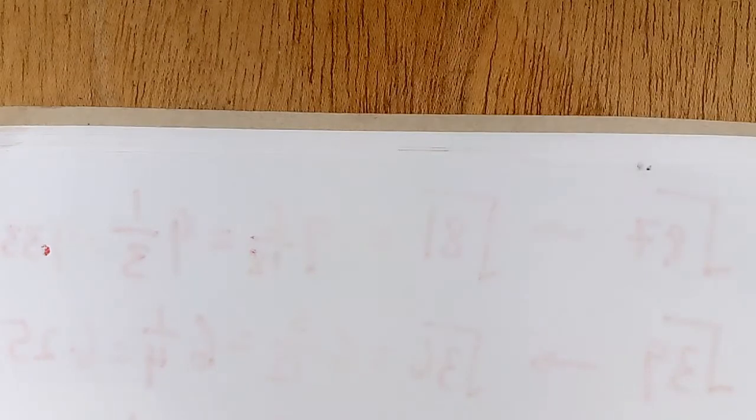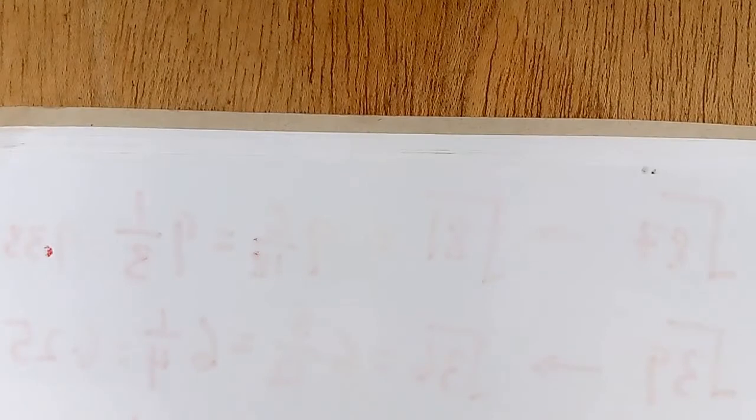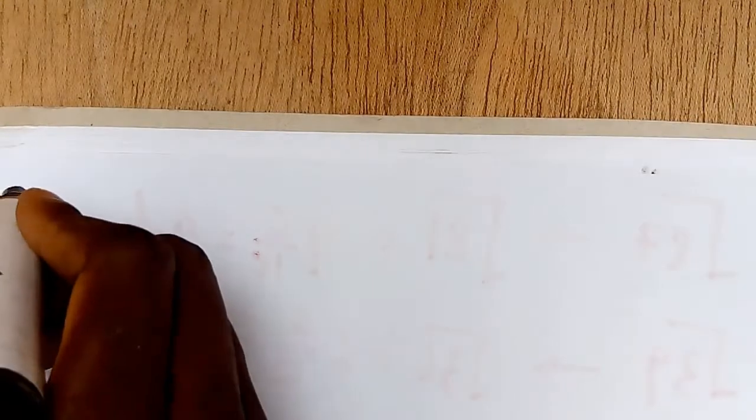Okay, so let's start with how we can multiply 9 by 9. All that you need to do is simple. To get a multiplication table for 9 by 1 up to 9 by 9, start with 0.